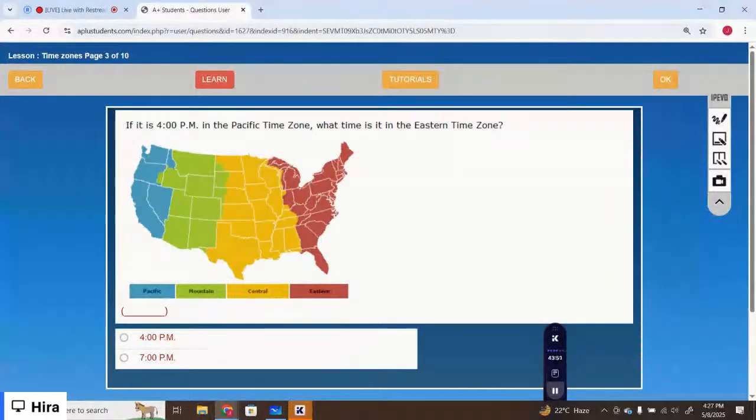If it is 4 p.m. in the Pacific time zone, what time is it in the Eastern time zone? Pacific zone, it is 4 p.m. Eastern zone is 3 hours ahead.